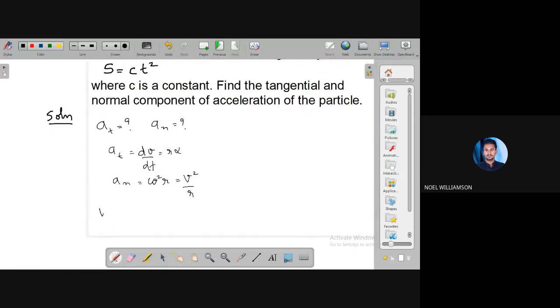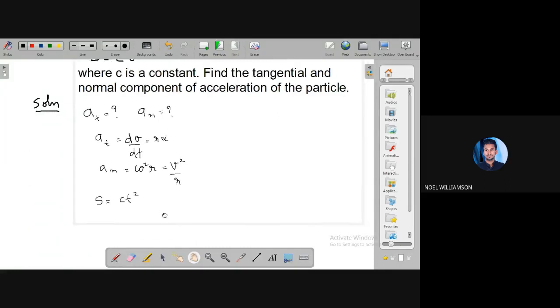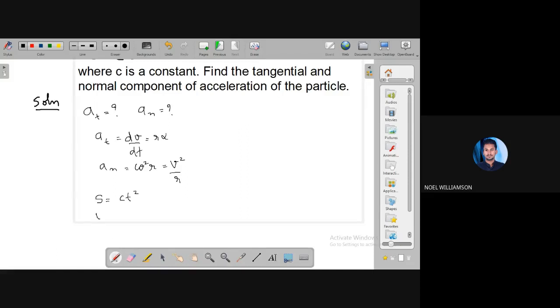So velocity V will be equal to ds by dt. Before that we write s equal to ct square. So velocity equal to ds by dt, which is the differential of this, where c is a constant, so we will get 2ct.